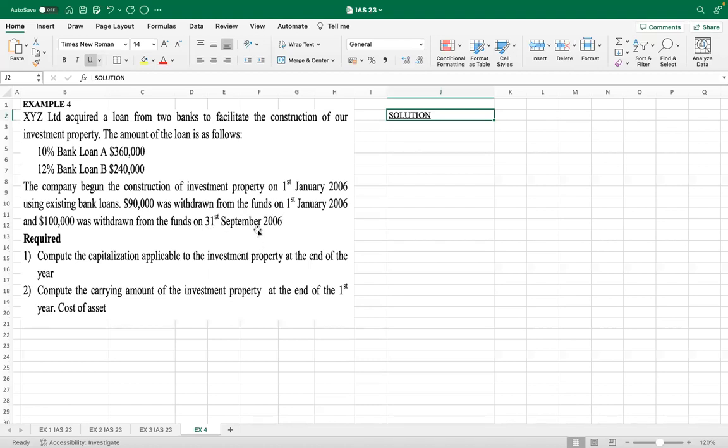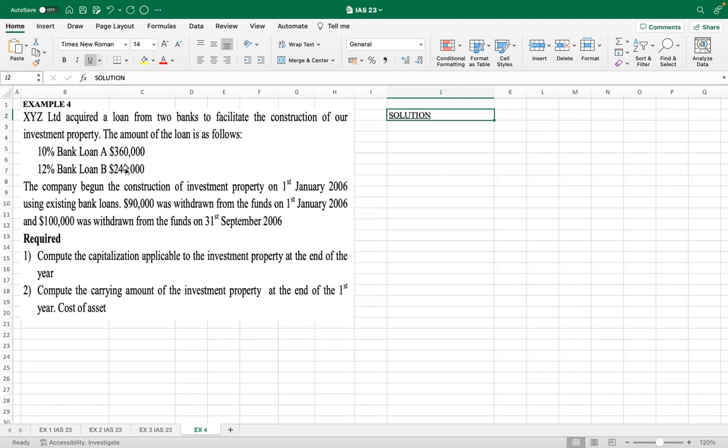Now, this question has not told you where the funds were withdrawn from. You have just been told 90,000 was withdrawn from the funds at the beginning of the year, and 100,000 was withdrawn on 31st September. You have not been told where these funds were got from, yet we borrowed 2 loans.